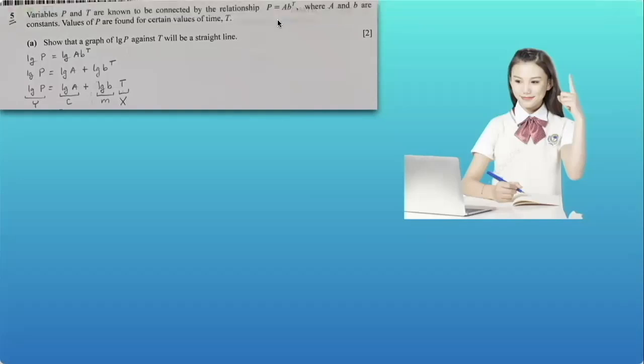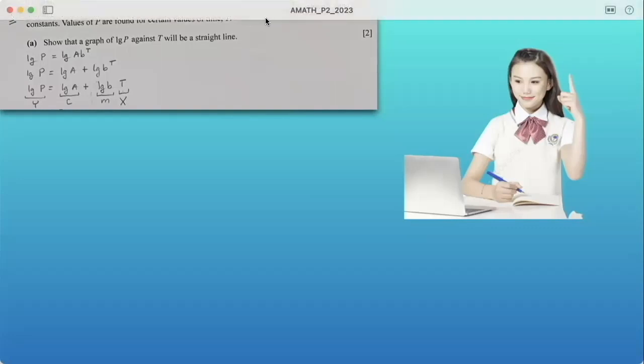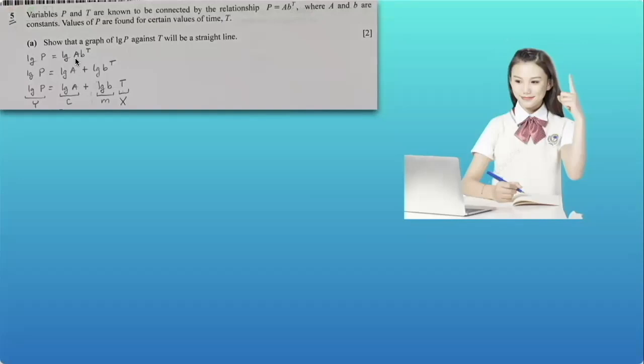So we apply log base 10 to both sides. Why do we apply log base 10? Well, because it's indicated in this question here, lg, or log base 10. So we apply log base 10 to both sides.